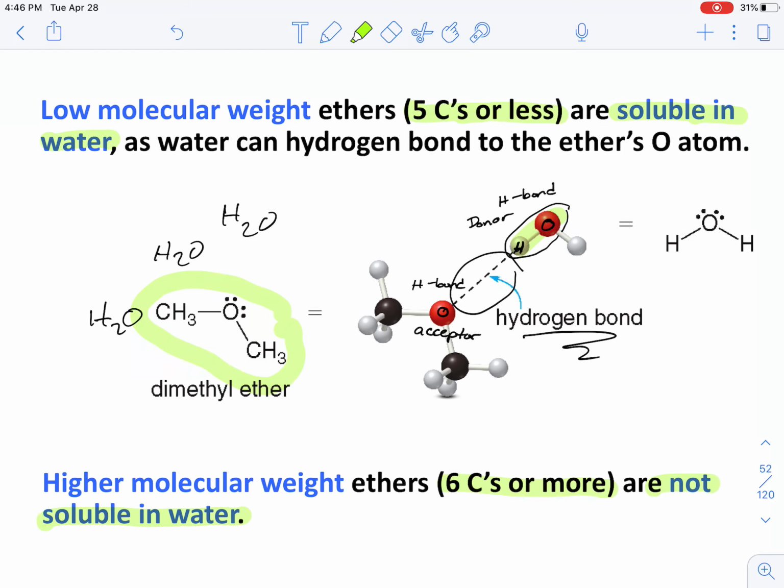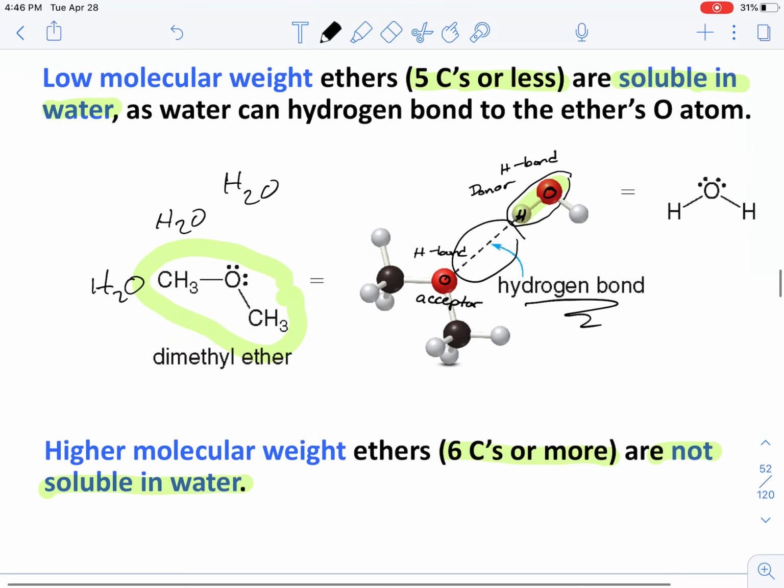In other words, the longer the carbon chain, the more non-polar the organic compound becomes, and the more non-polar it becomes, the more insoluble it is in water.